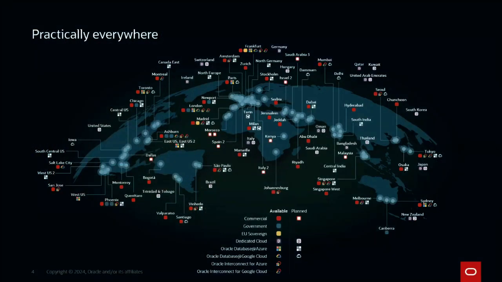And practically everywhere, there now are cloud data centers, whether they're actually Oracle's or through one of our partners that I just mentioned. Again, we are working at an astronomical rate of releasing new data centers worldwide. This is really aiding our customers, especially in areas where there are things to deal with like data sovereignty.